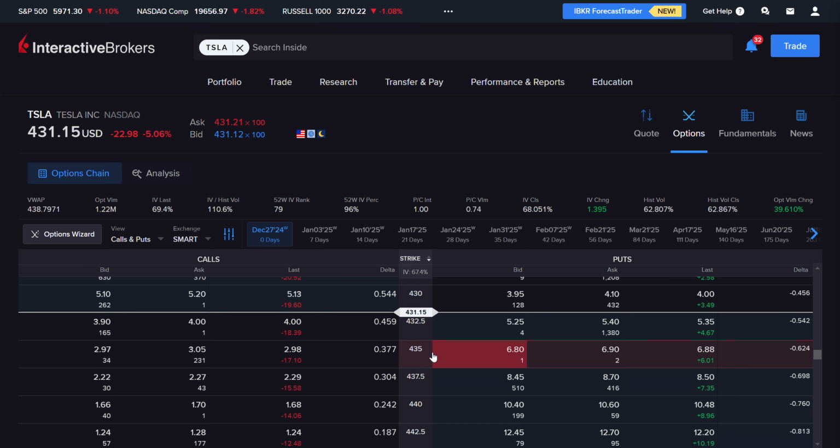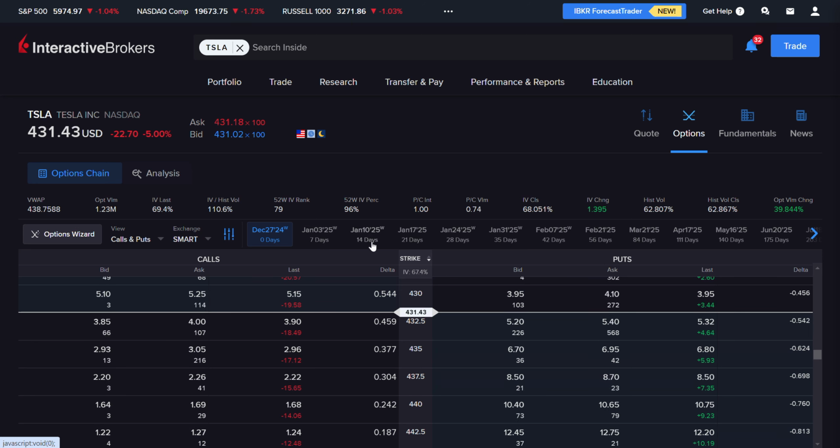Options give the right to buy or sell an underlying at a certain price, for either calls or puts, by a certain date. What do I mean by a certain date? Options have a date of expiration. If you take a look, January 3rd is a 7 day expiration.